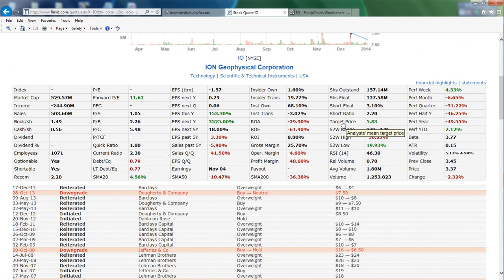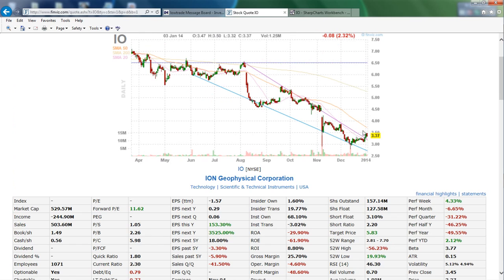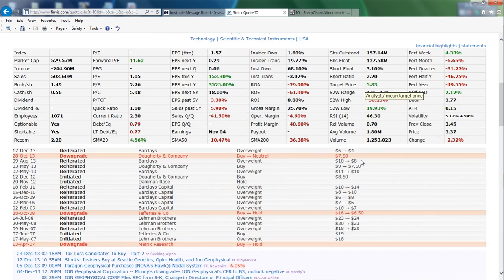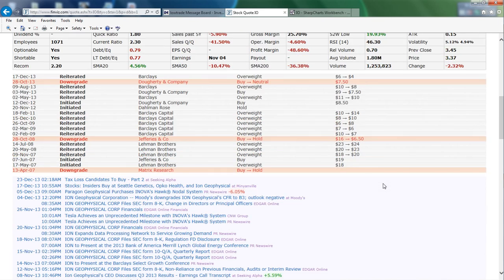Okay, the average price target, and we got 1, 2, 3, 4, 5 evaluations in 2013. The average price target is around $6, and it's a 3. So the talking heads who are 90% wrong all the time, but at least they're in agreement that they think this thing is worth more than it's trading.